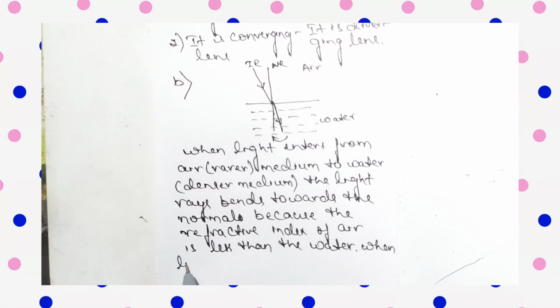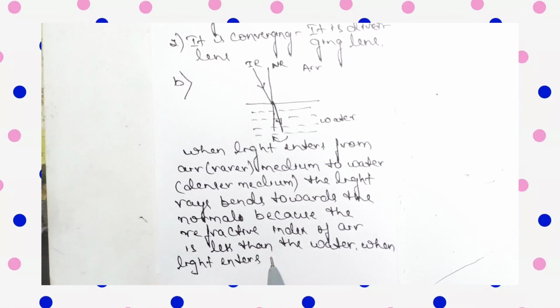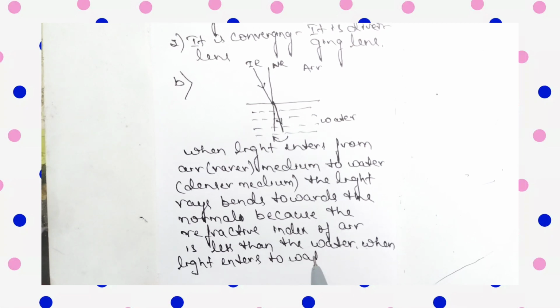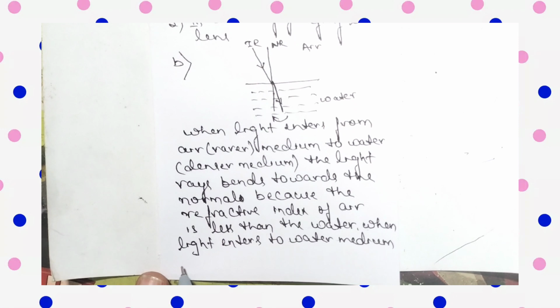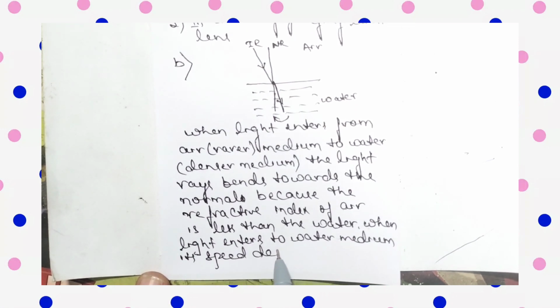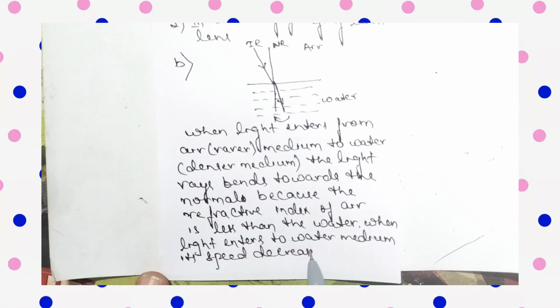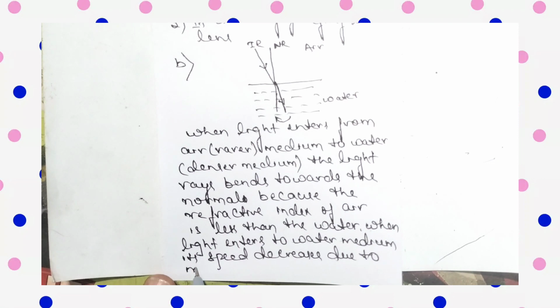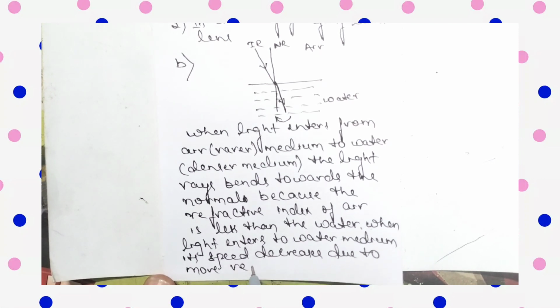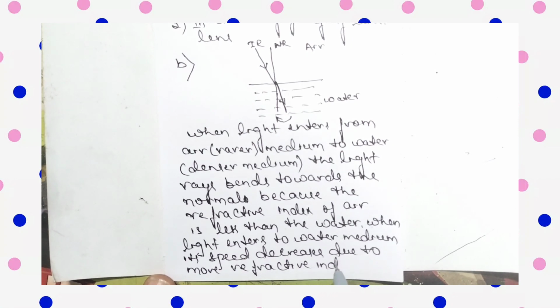When light enters the water medium, its speed decreases due to more refractive index. So refractive index jaasti irodrinda, so nodi relation ide.